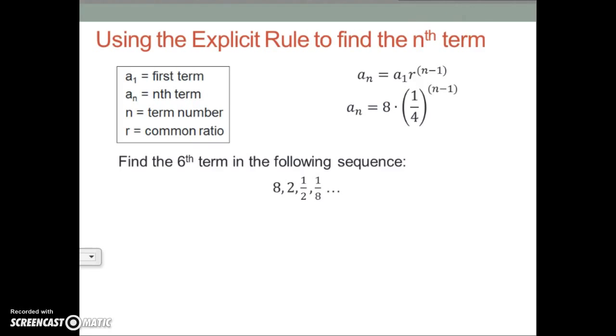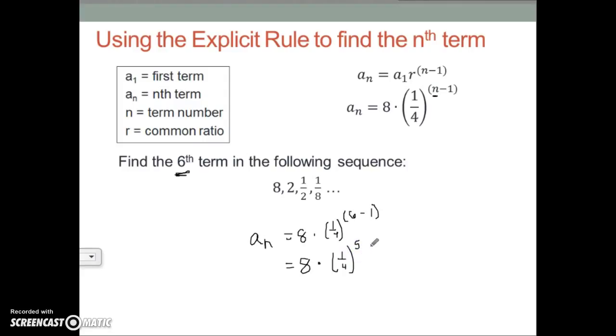So let's identify certain terms in this sequence. If we want the 6th term in this sequence, we replace n with 6. So a sub n equals 8 times 1/4 raised to the 6th minus 1. So 8 times 1/4 raised to the 5th power.